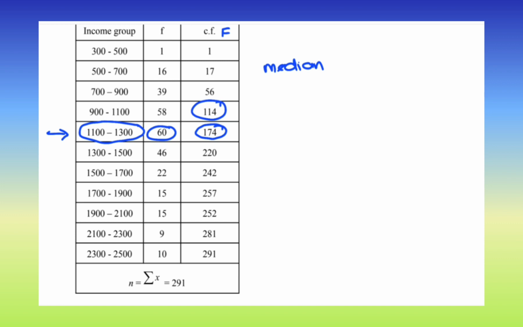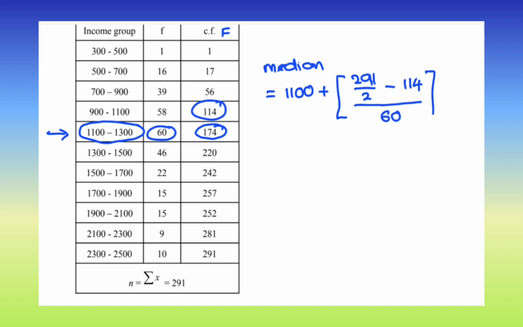By using the formula of median, let's find the value of median. Firstly, the formula is lower class boundary, in this case is 1100, plus 291 over 2, minus the cumulative frequency before the median class, which is 114, and divide by the frequency of the median class, which is 60.